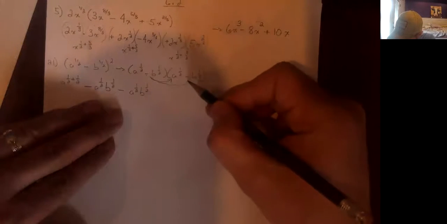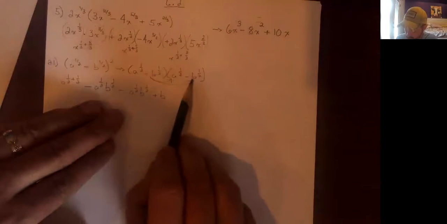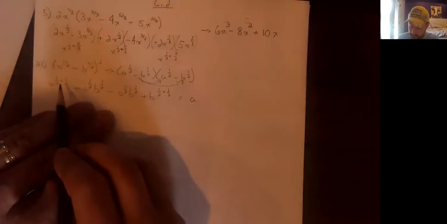This is what some students might slip up a bit here. Now the next one is a negative times a negative is a positive. I have a b and a b, so my focus is my exponents. So what I have is a to the 1/2 plus 1/2, that's 1, so just a, minus 2 of these.